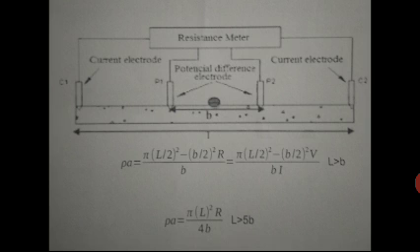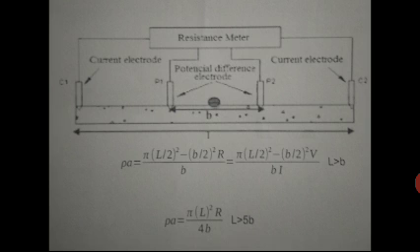In this formula, L is the distance between the current electrodes, B is the distance between the two potential electrodes, V is the potential difference, I is the current sent into the ground, and rho A is the apparent resistivity, in ohm meters.